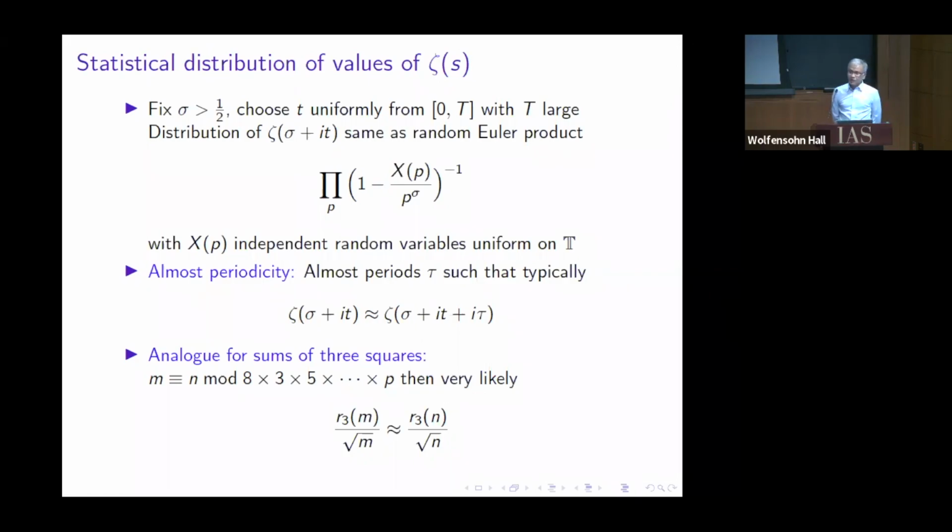Again, the product converges almost surely, and you can say anything you want about its distribution. Now, again, we can't really say that the zeta function always behaves like this, because that would again encode the Lindelöf hypothesis, for instance. But statistically, this is the answer.